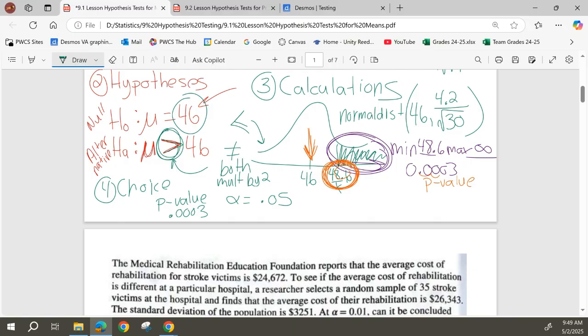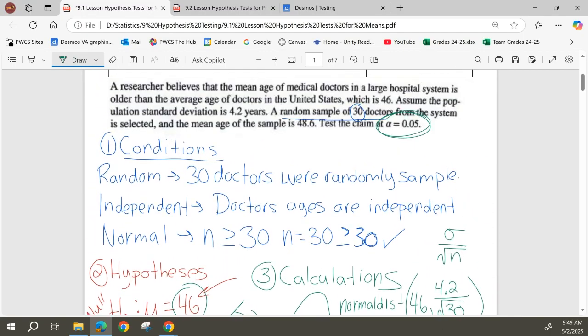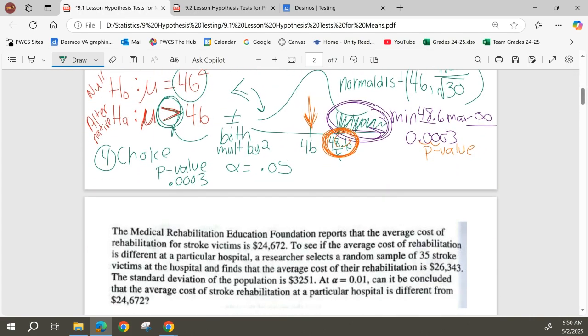If the p-value is smaller than the alpha value, which again comes from the problem up here, and you're always going to be given what alpha is, then we will reject the null hypothesis and say that the average age is not 46. If the p-value is larger, we will fail to reject the null hypothesis. We don't have enough evidence to show that it's different or greater, so we will just keep assuming it's 46.